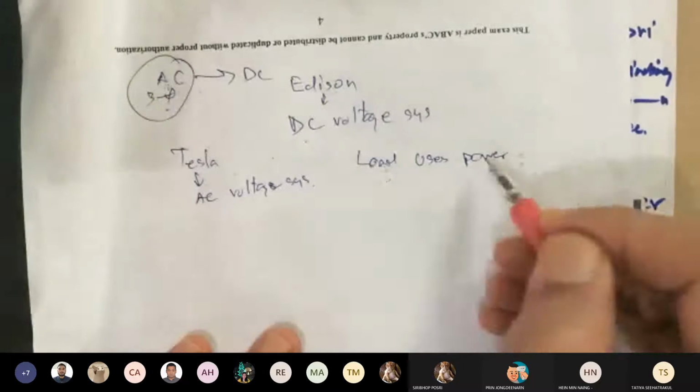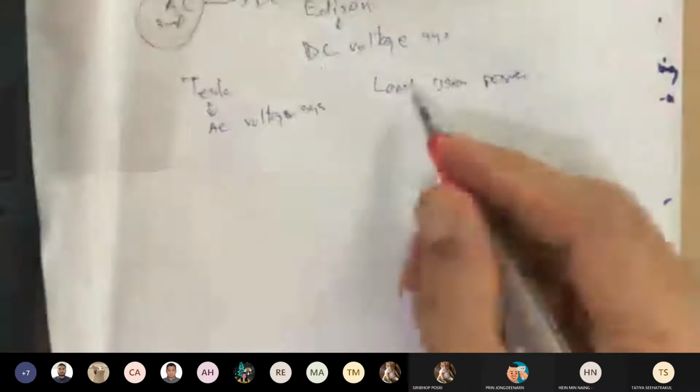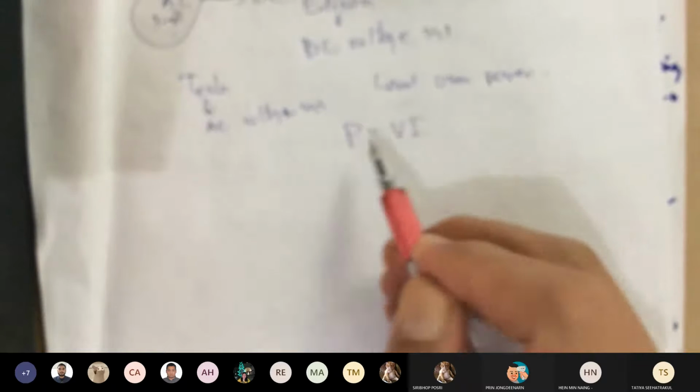For you guys, you should know this. Electrical power in terms of equation, what is that? P equals the voltage times current. I'm using your basic definition here. Voltage times current is power.